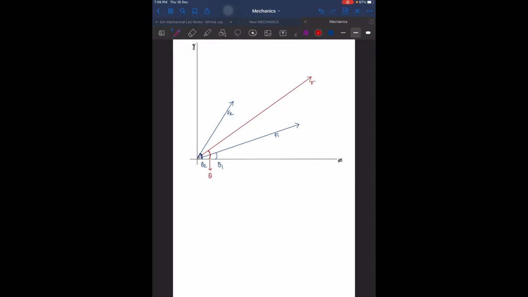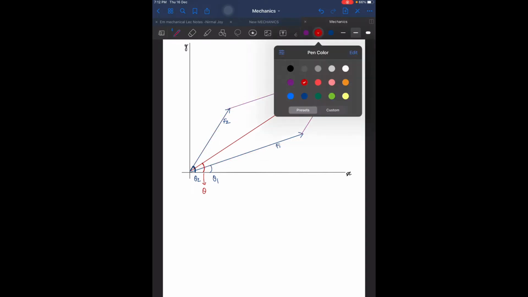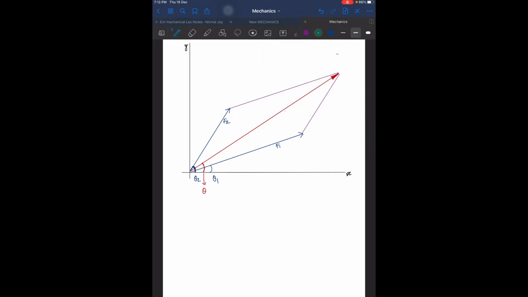So I hope it's clear to you. F1, F2, two forces, in fact magnitude of two forces, and F is its resultant's magnitude. And now over here I've completed this parallelogram also.